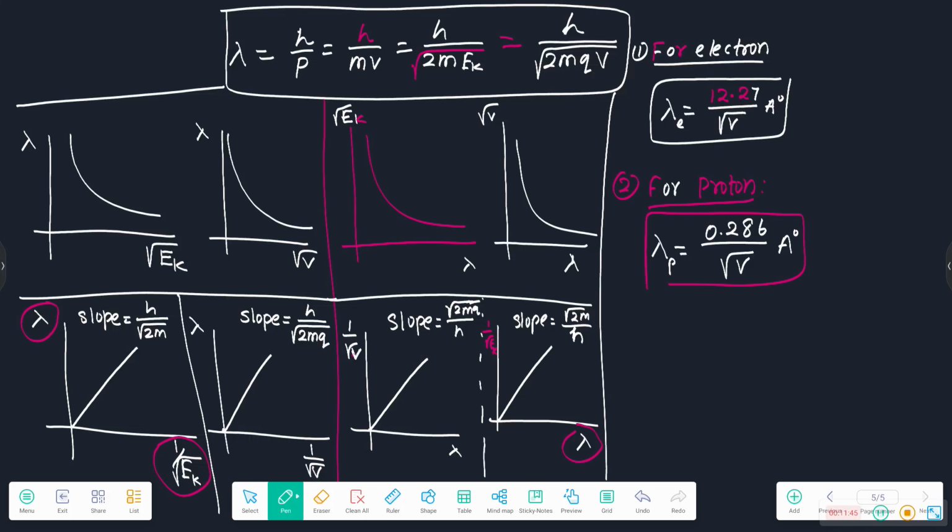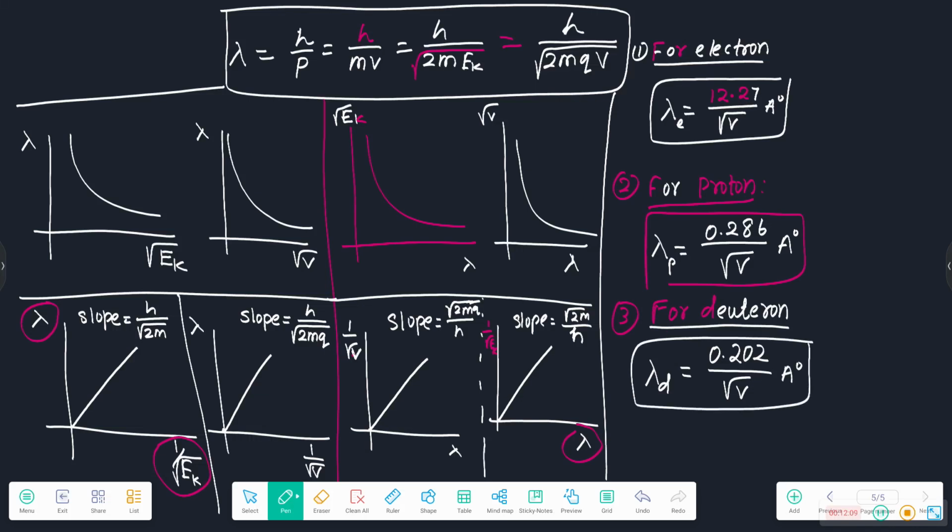Now next, number 3, they are asking for deuteron. For deuteron, lambda d, how much is that? It is 0.202 by root v angstrom. This one also remember. Now number 4, for alpha particle.